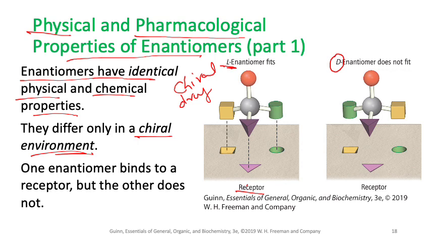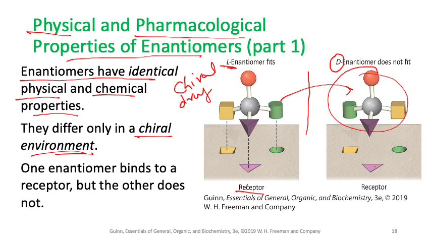If you have a different drug with a different structure, or you can say a mirror image of that drug, then it won't match perfectly with the receptor on the surface of the cell, and the cell will reject this drug. The receptor will recognize this drug as a different compound.